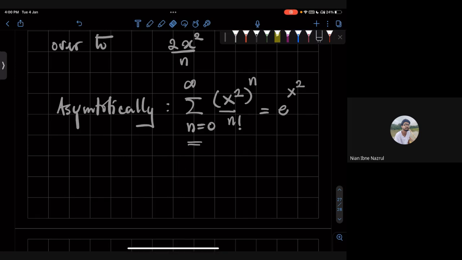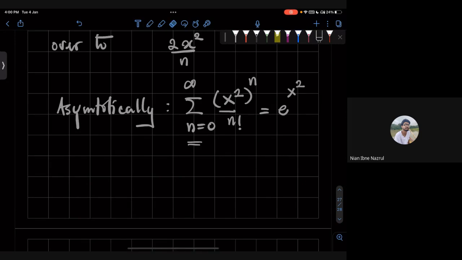Okay, so this is the asymptotic behavior of phi, right?